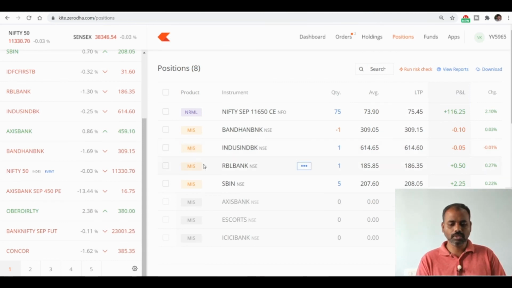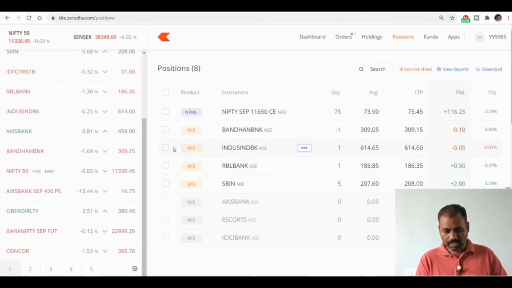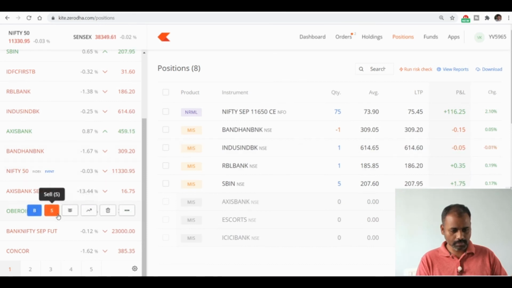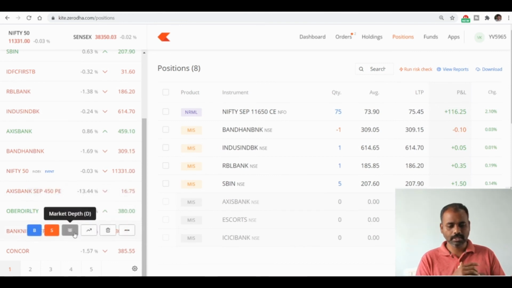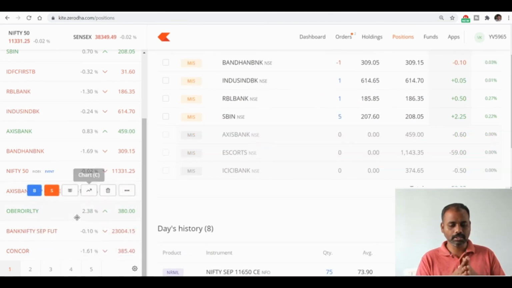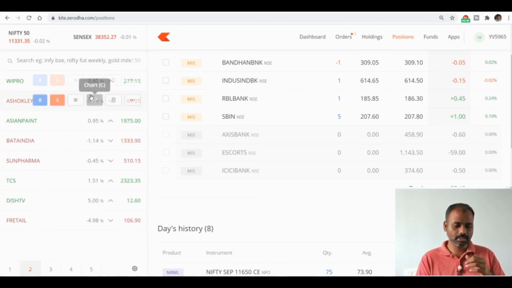This is what I told you, that you need to use SL buy to enter a new position. Similarly, if you want to short a stock below the support level, you can use SL sell. It's similar to these things. So I will use some other stock. Let us say Bata India or Sun Pharma I will take.